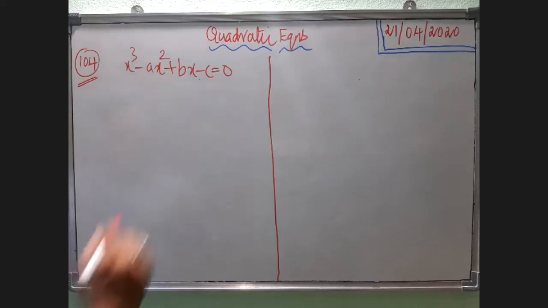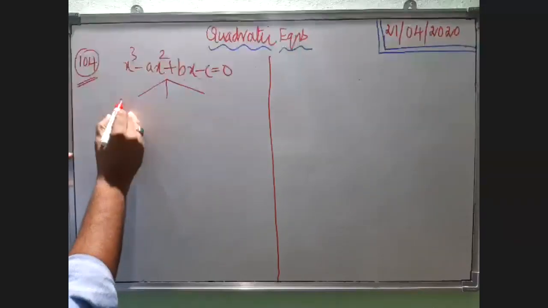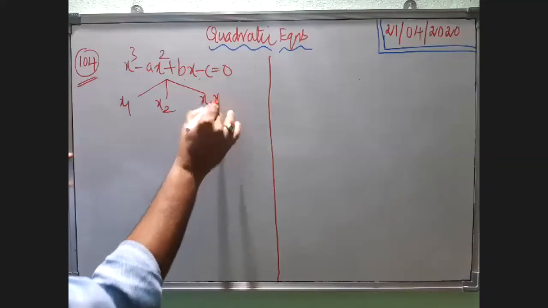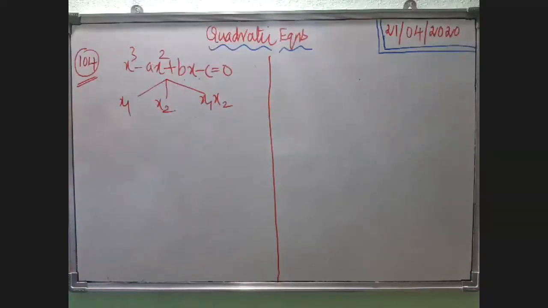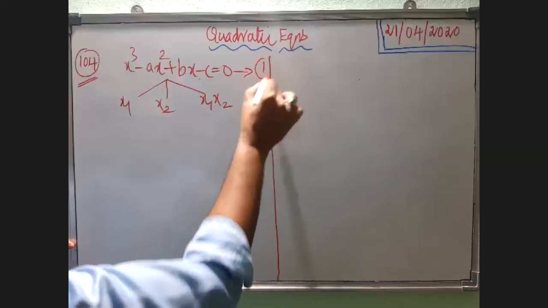Given that the 3 roots of this equation are x1, x2, and x1 x2, just like alpha, beta and gamma. Let us call this equation number 1.